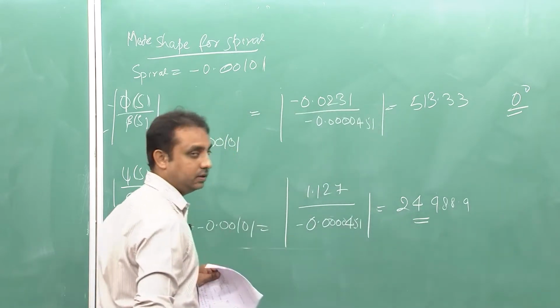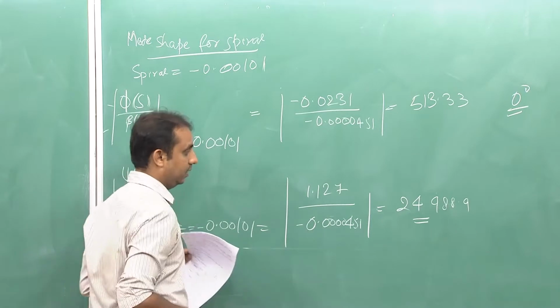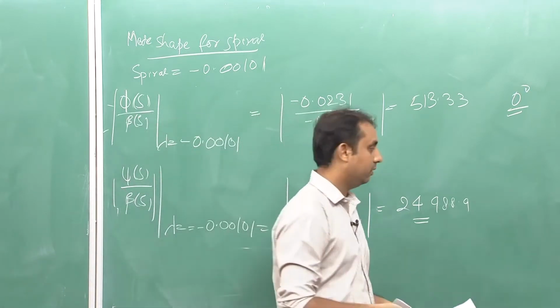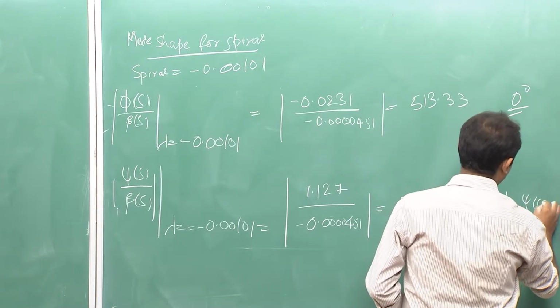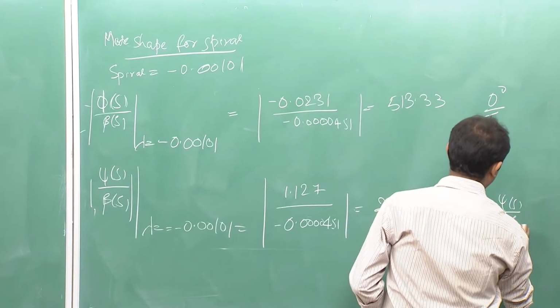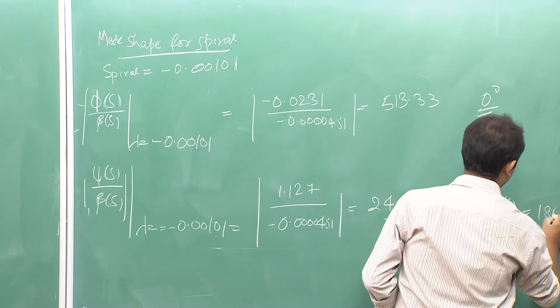But the phases here are apart by 180 degree, or they are out of phase by 180 degree. Phase of psi(s) upon beta(s) equals 180 degree.